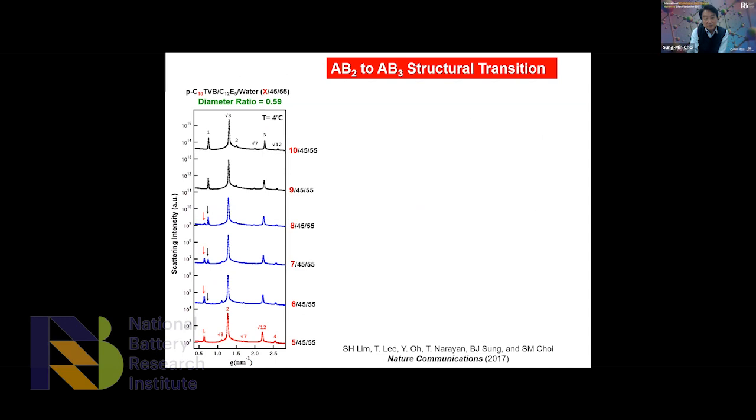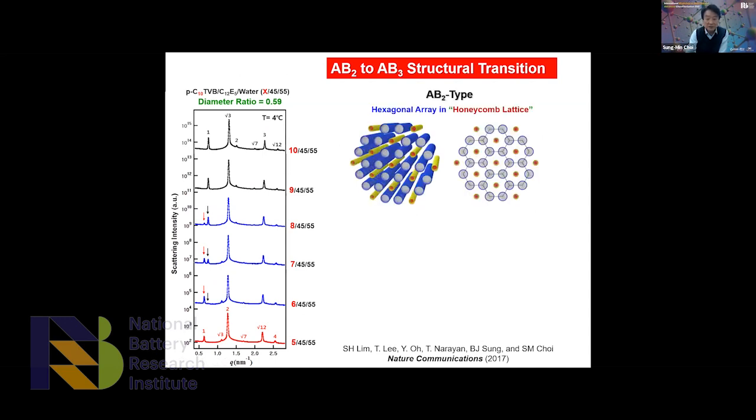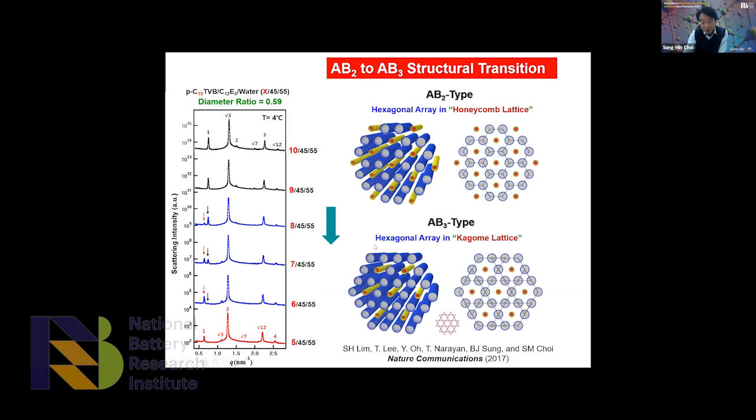So by slowly controlling the amount of this nanotube, it starts from this structure up here, which is a hexagonal array in a honeycomb lattice. As we decrease the amount of nanotube, the yellow tube, it goes to a hexagonal array in a Kagome lattice, which is also very interesting.